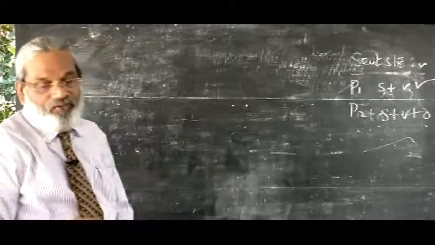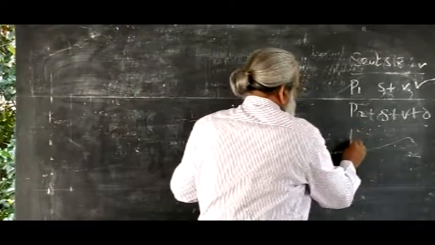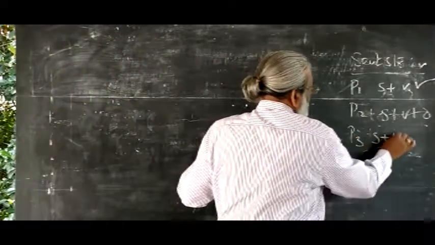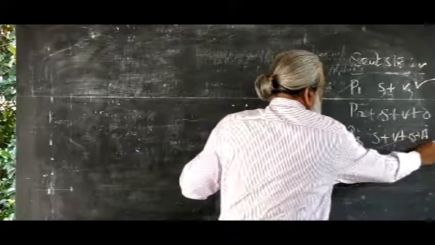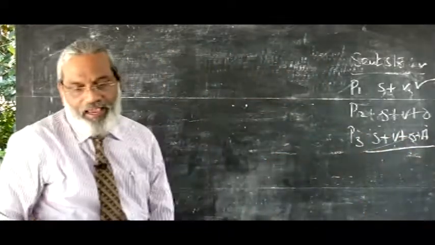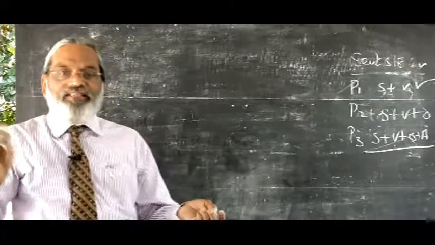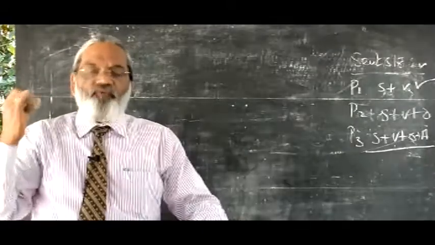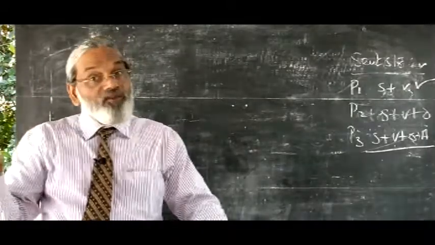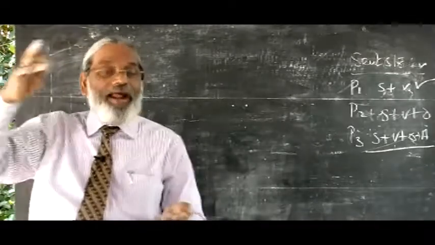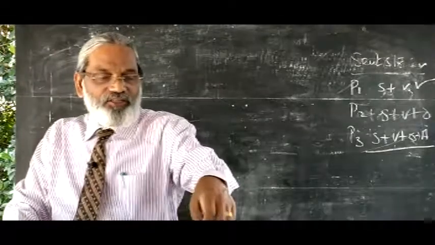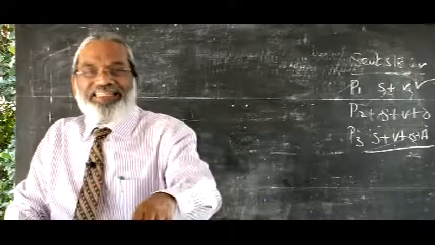Then pattern number 3, S plus V plus O plus A. What is A? A answers how, when, where. It refers to adverbial elements; in some grammar books they are called adjuncts.